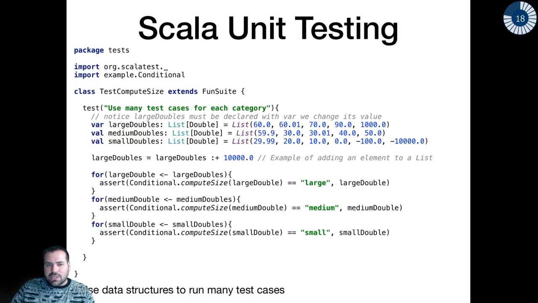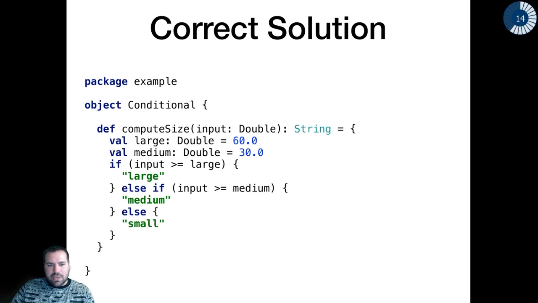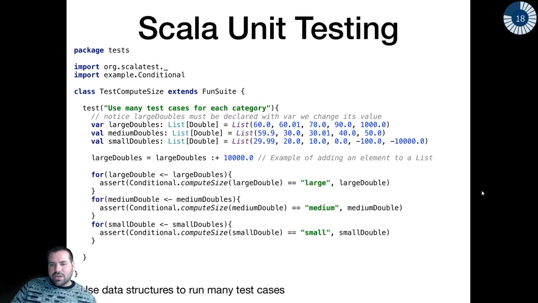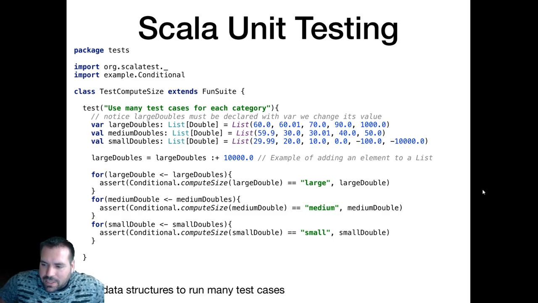If the lecture question is the cutoff should be 60 and 30, I didn't explicitly show like what the problem statement would be, but we're just assuming that the cutoffs are supposed to be 60 and 30. So the lecture question, if I said the cutoffs are 60 and 30, write a method that returns large if it's greater than equal to 60, etc. It's arbitrary. It's just a question that I made up for the lecture example, but we're assuming the cutoffs are supposed to be 60 and 30.